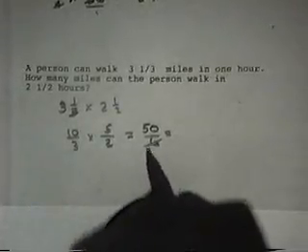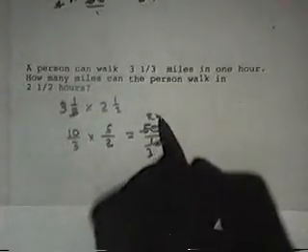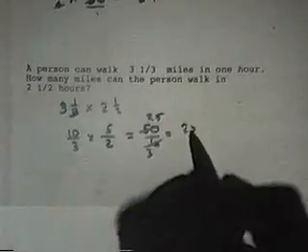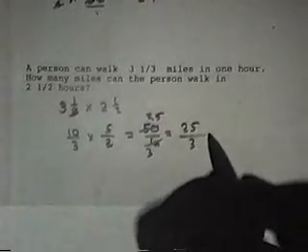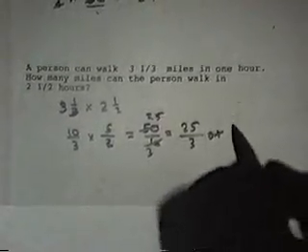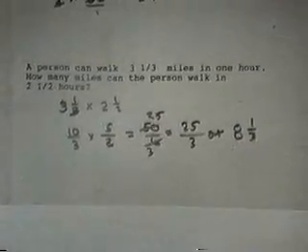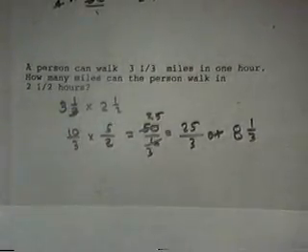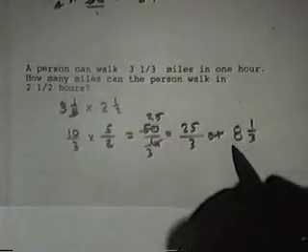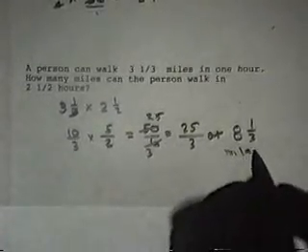Divide 2 into this, divide 2 into this, and we get 25/3, which can be written as 8 1/3. What? Miles. 8 1/3 miles.